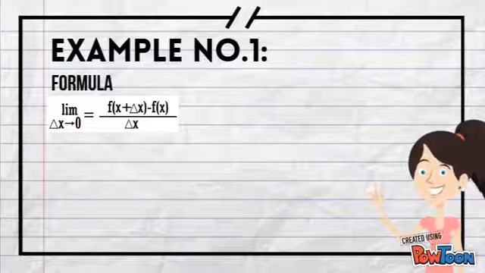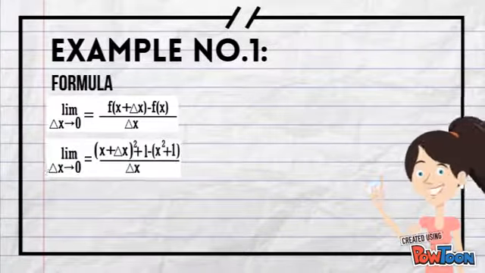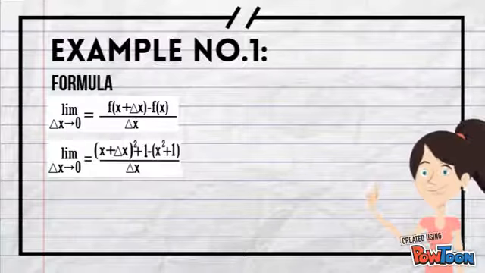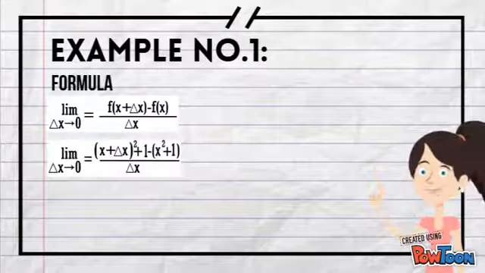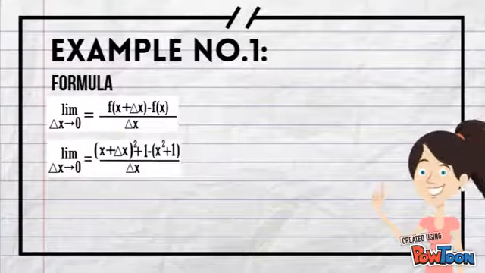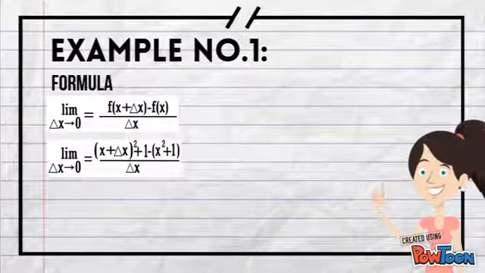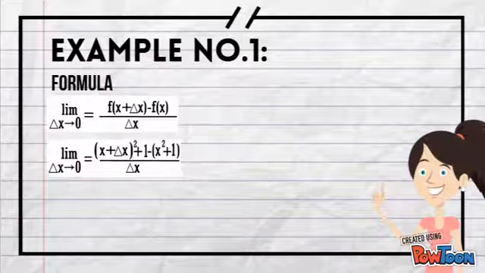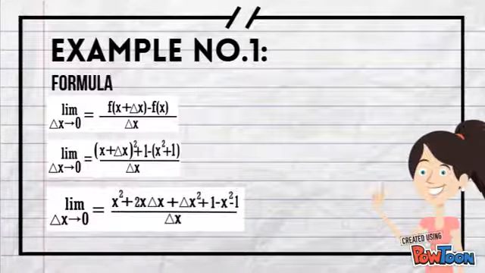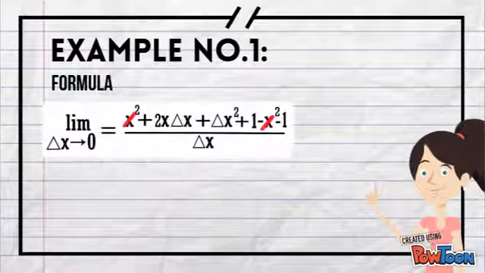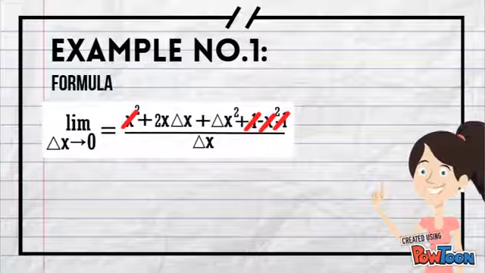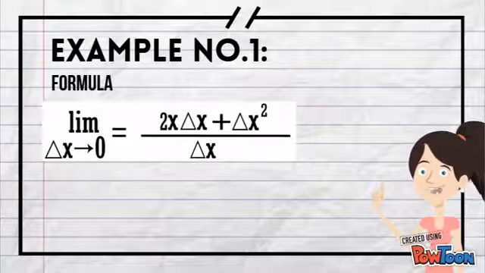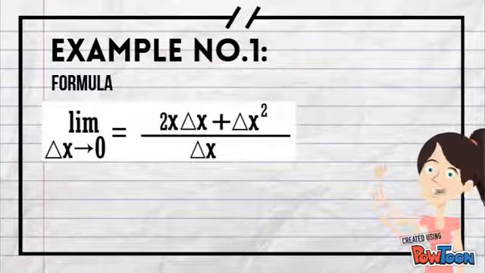Plugging the function to the formula will result in x plus delta x squared plus 1 minus x squared plus 1 over delta x. Distributing the square to x plus delta x and the negative to x squared plus 1 will result to this. And then we cancel similar terms, which results in 2x delta x plus delta x squared over delta x.